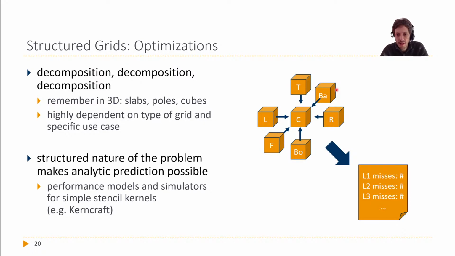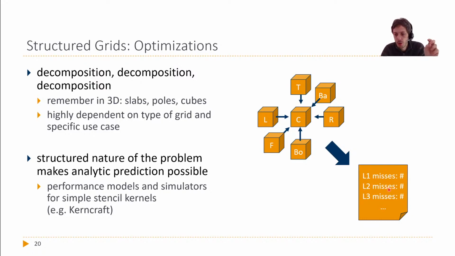Consider a 1D stencil. It's really easy to say, okay, I need for the center element the left and the right, I compute the center, then I move one to the right, I do the same computation, then I do the same computation again. This is so simple and so structured that you can have a performance model or a simulator built for that will try to figure out, for example, the number of level 1 cache misses when you execute this code on a specific hardware.